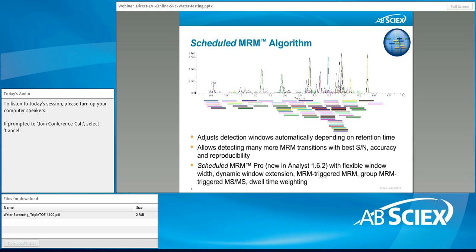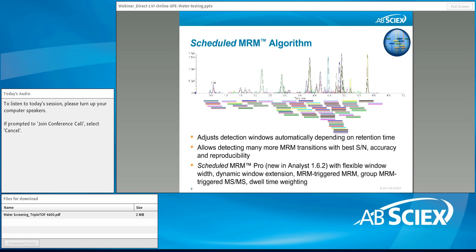In areas where we have to monitor only a few compounds, the software will automatically use longer dwell times to get the best signal to noise, and in areas where we have many compounds eluting at the same time, it will automatically use less dwell time to make sure that we collect enough data points for quantitative analysis. This scheduling happens completely automatically. No user input is necessary there.